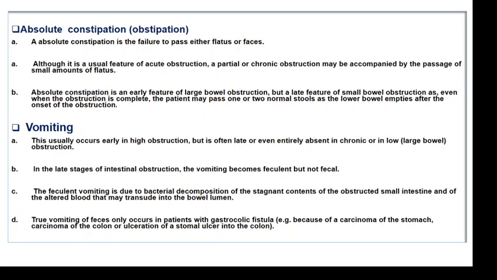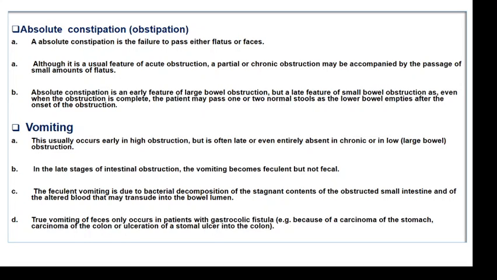Absolute constipation is an early feature of large bowel obstruction, but a late feature of small bowel obstruction, because, as we know, if the obstruction is high, the bowel distal to it might empty by peristalsis at first, and the patient will have a normal bowel motion or even flatus once or twice before the obstruction becomes very evident.